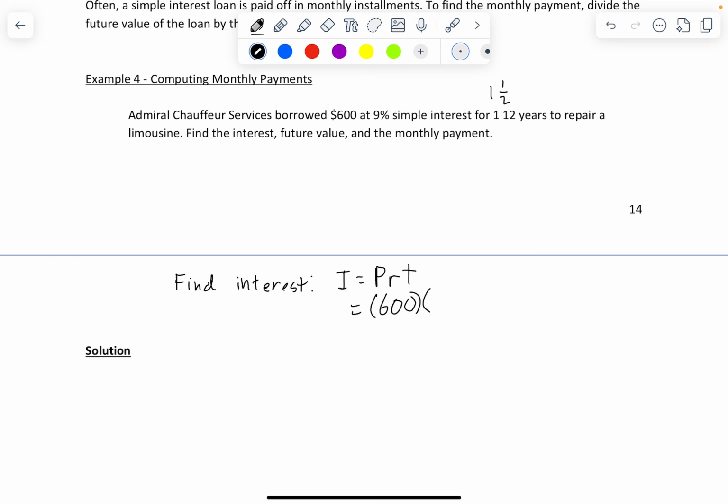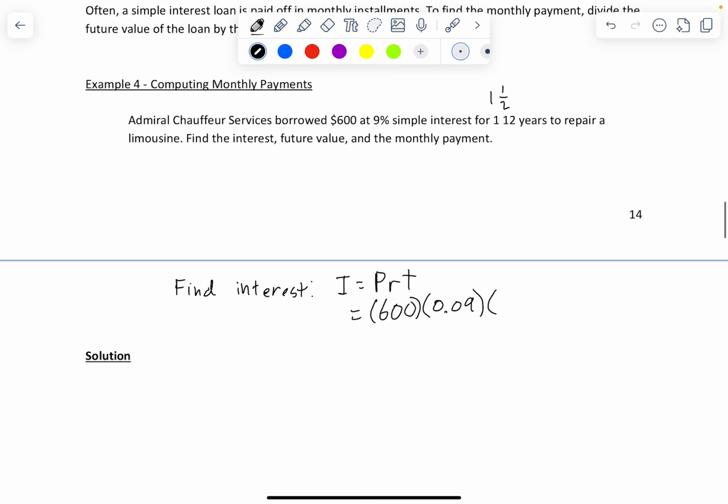The interest rate is 9% in decimal form. That's 0.09. Time has to be in years. But it already is. It says 1.5 years. We just plug that in. Probably the easiest way to plug that in is as a decimal. That's 1.5 years. If you multiply these together, you're going to get $81 in interest.